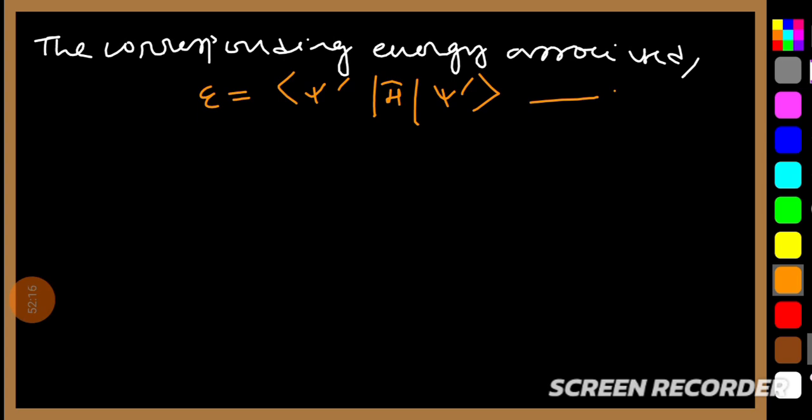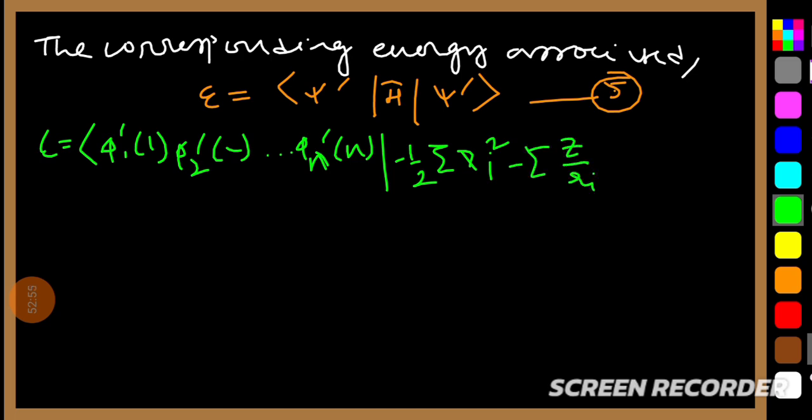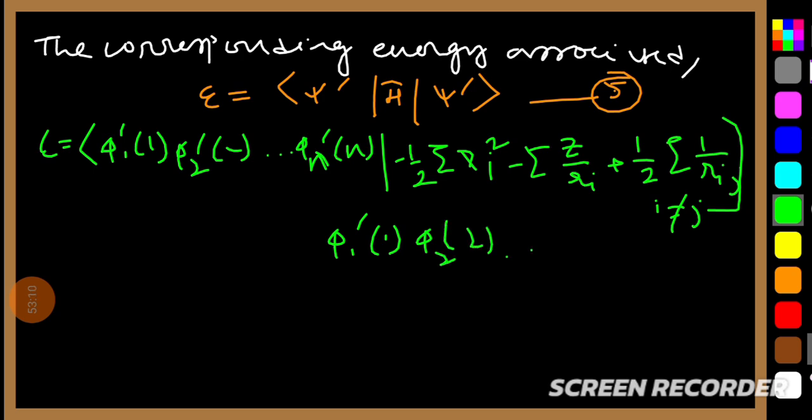Fourth, I think I put fifth. যদি নাম্বারিংয়ে ভুল হয় please modify it. আমার নাম্বারিংটা মনে থাকে না। Epsilon equal to, that must be phi 1 dash 1, phi 2 dash 2 and so on, phi n dash n, then mod minus half summation i del i squared, summation of z by ri, plus half summation of 1 by rij, i not equal to j, bracket close, phi 1 dash 1, phi 2 dash 2 and so on, phi n dash n.